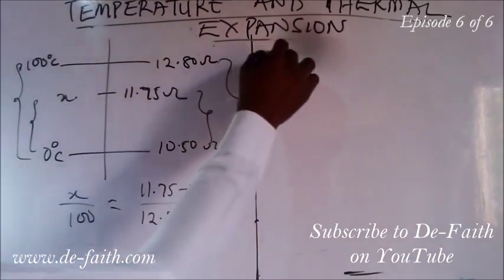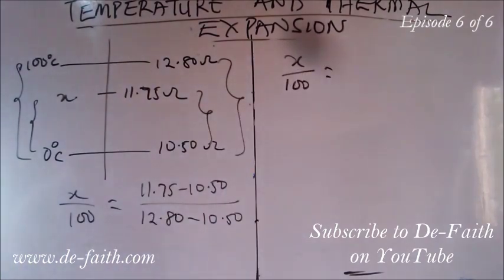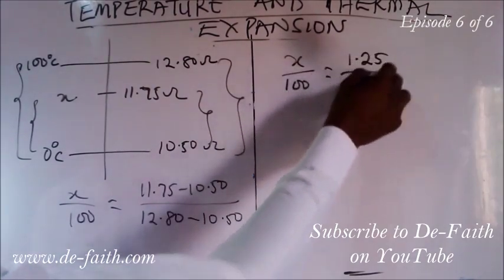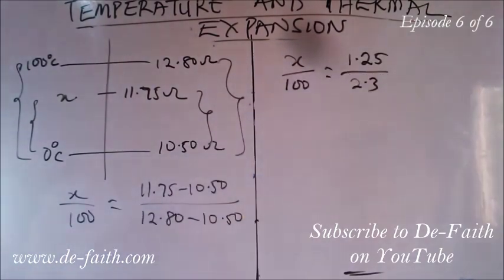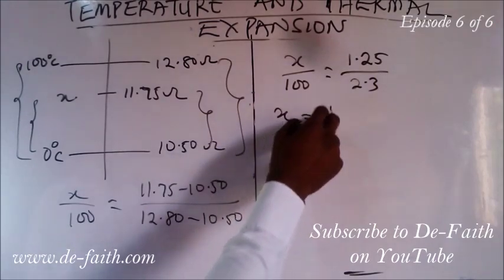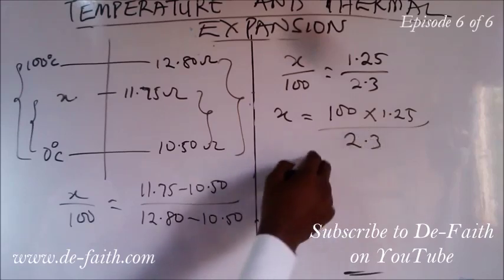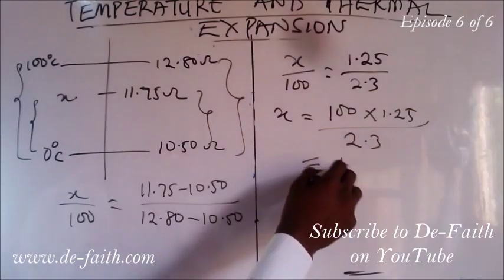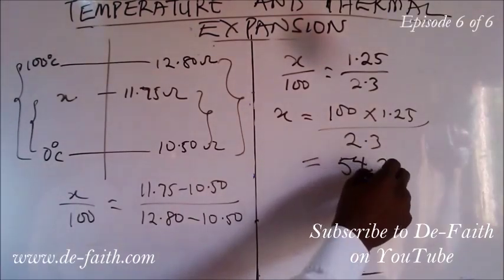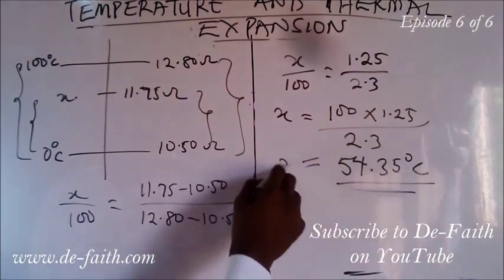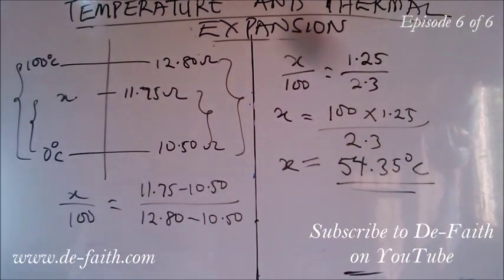And so we'll have x over 100 equal to 1.25 over 2.3. So x is 100 times 1.25 over 2.3, and that will leave us with 54.35 degrees Celsius as its corresponding temperature.